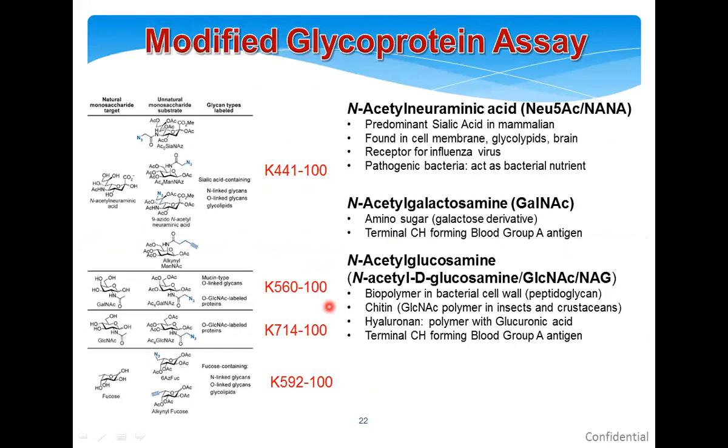K560 is for detection of O-GalNAc. And we have K714 for O-GlcNAc modified glycosylated proteins, with different fluorophores, and we have K592 as well.